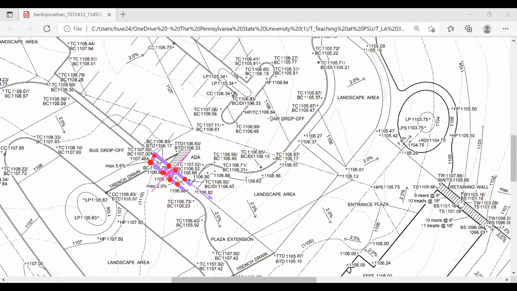This is actually quite a common type of grading of a curb ramp. Okay, so that's that one.